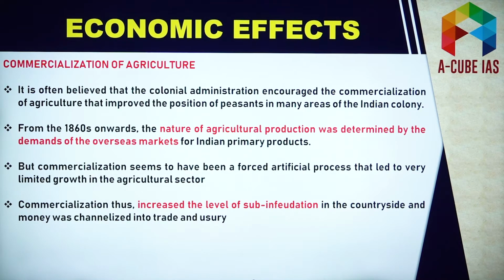Those who benefited in the colony were big farmers, some Indian traders, and moneylenders. This commercialization intensified the feudal structure of landlord-moneylender exploitation in rural areas. So this so-called process of commercialization was supposed to lead to a capitalist agriculture, but that didn't happen.